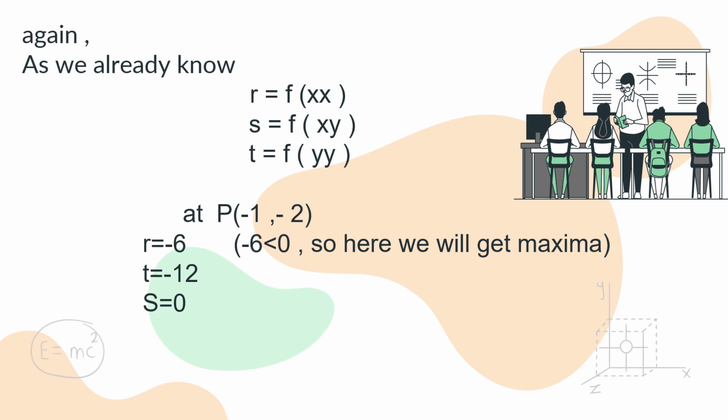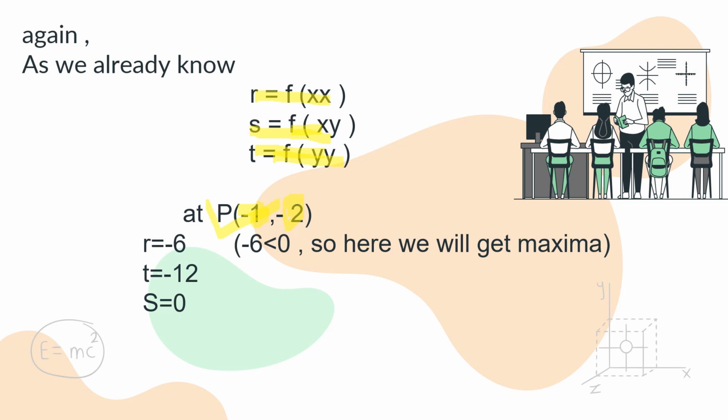Now for the maxima one. As we already know, r is equal to f of xx, s is equal to f of xy and t is equal to f of yy. So I am using here the stationary point P of (minus 1, minus 2). Here minus 1 is the value of x and minus 2 is the value of y.